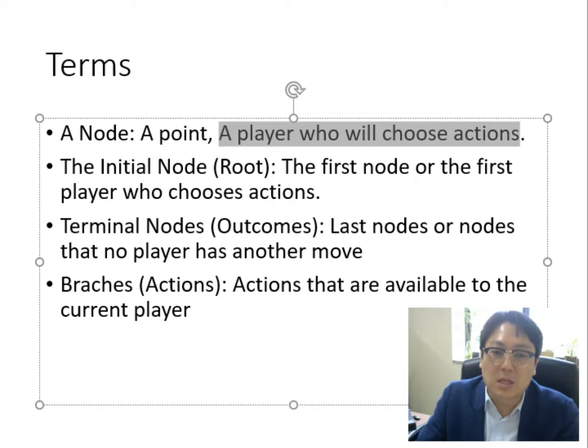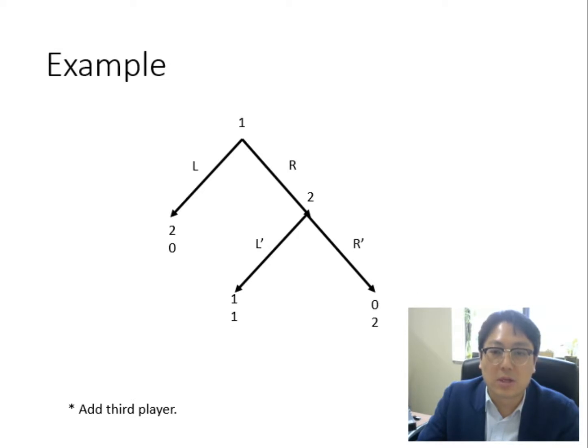So the branches represent the actions that are available to the current player. I'm giving you an example. It will be easier for you to follow by looking at that example. This is called a game tree. This game tree represents a game.